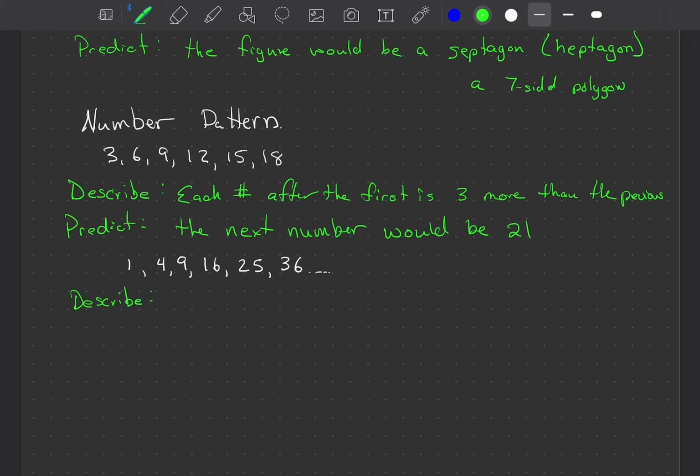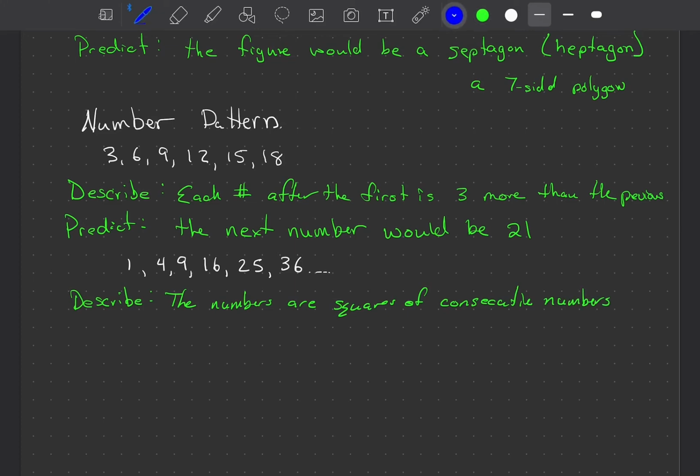And so here we would say, if we look at the numbers, in this case, if we think about 1, 4, 9, 16, those are all perfect squares. And these numbers are all squares of consecutive numbers. Consecutive meaning you're counting numbers.